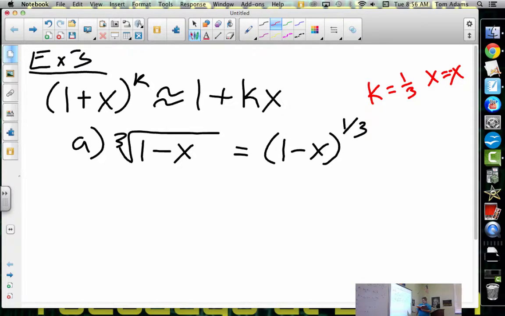That's a little confusing, but that's what it is. What I'm saying is that this is the formula, and these two things go in each other's place.